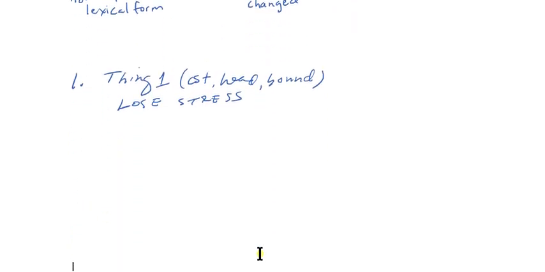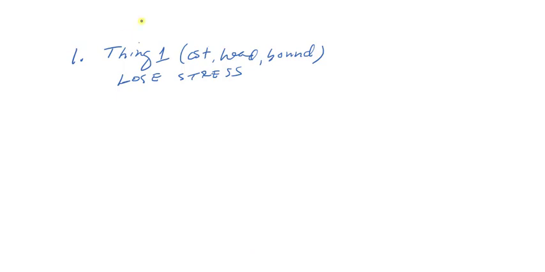Now, if thing one loses its stress, this could create some syllable rule problems, and I'm going to maybe have some vowel changes that occur. So the second thing that's going to happen, and the third thing that's going to happen, are matters of modifying. So I'm going to lose my stress in thing one, and then, and these all pertain to thing one, I could have changes to the endings on thing one.